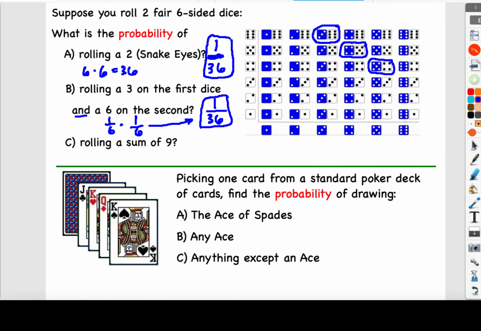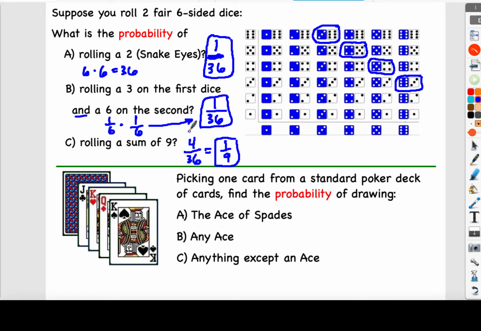So that's rolling differently. On the blue dice, we got a 5 versus on the blue dice, we had a 4 in the previous scenario. But again, there look to be 4 possible ways out of the 36 possible things that can happen, or basically there's a 1/9 chance, right? It's more likely because there's 4 ways to make that happen instead of just one way.